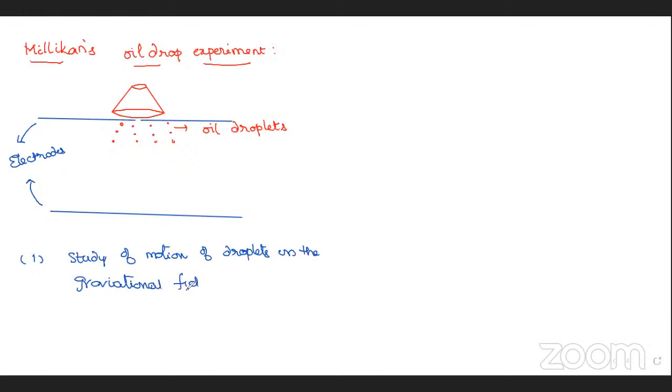But while coming through this narrow hole, maybe because of friction, a few drops will be charged. I don't know about that. But whether they are charged or chargeless, in the gravitational field we don't need the charge on the drop, Nana. Do we need it? Not required, sir. We require just the mass of each drop.